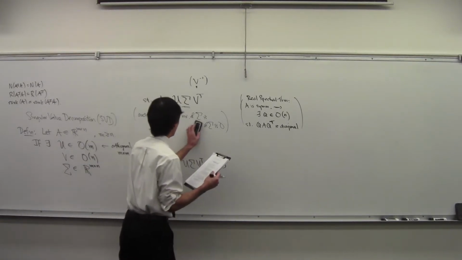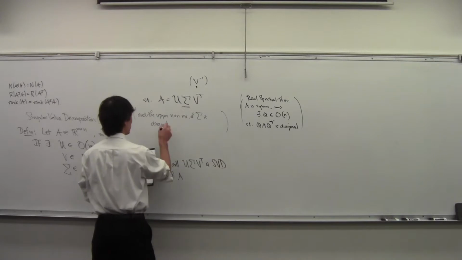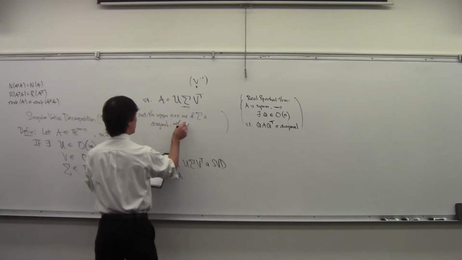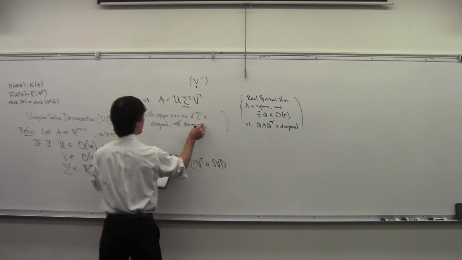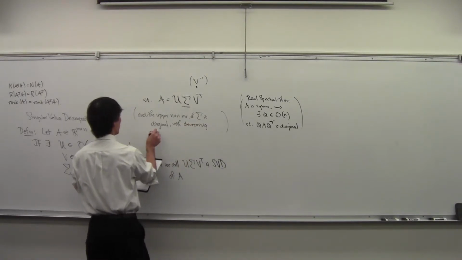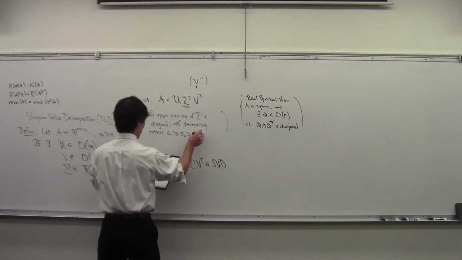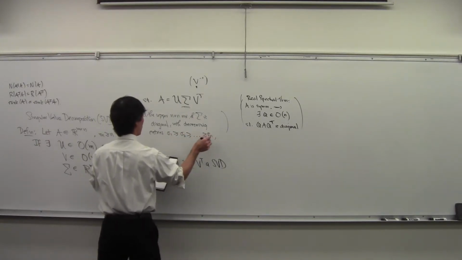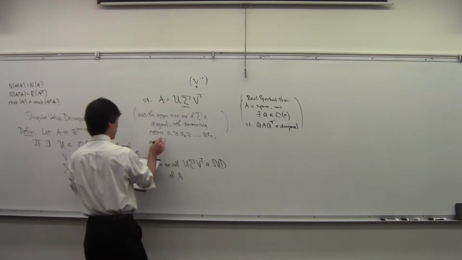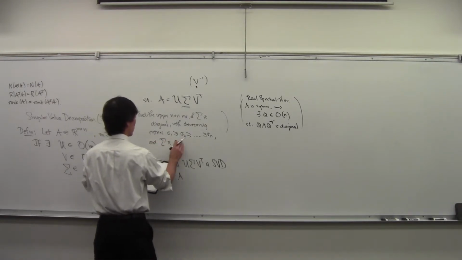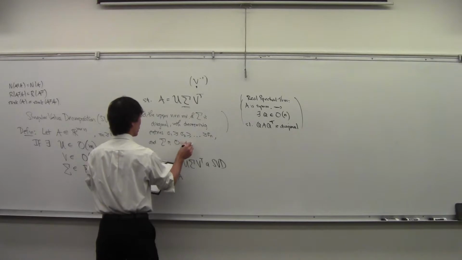The upper matrix is diagonal with decreasing entries sigma 1, sigma 2, through sigma n, and sigma is 0 elsewhere.